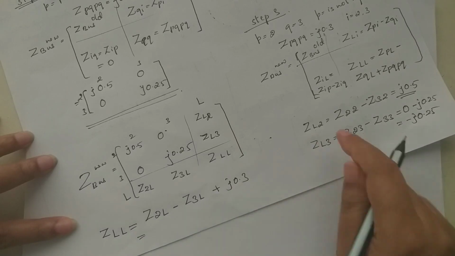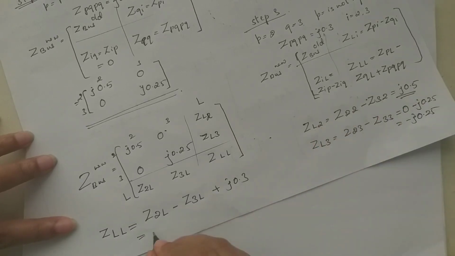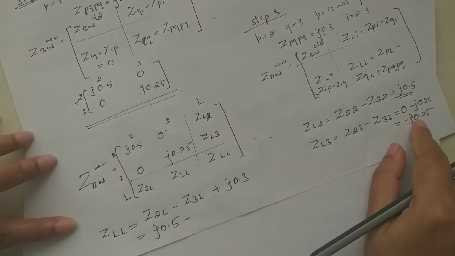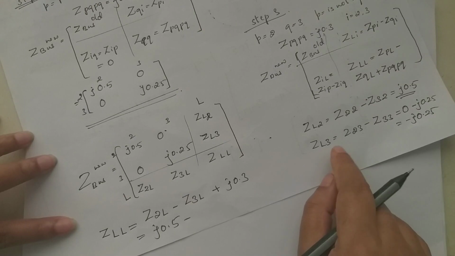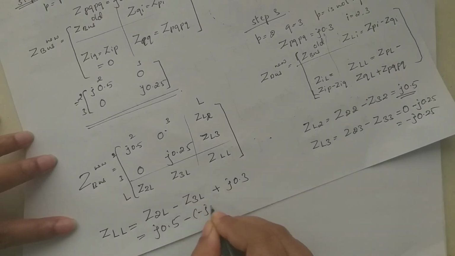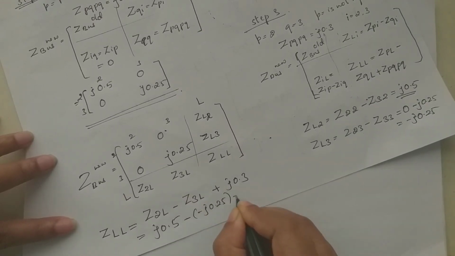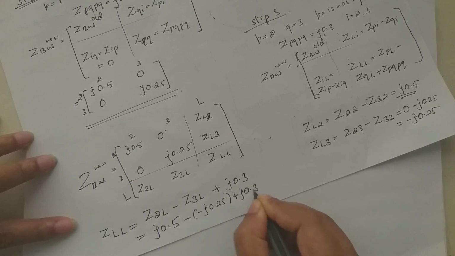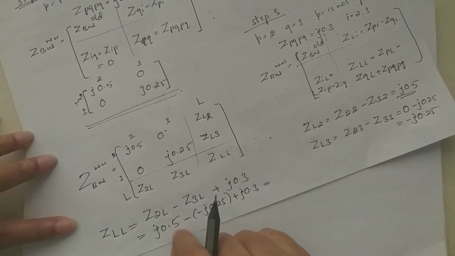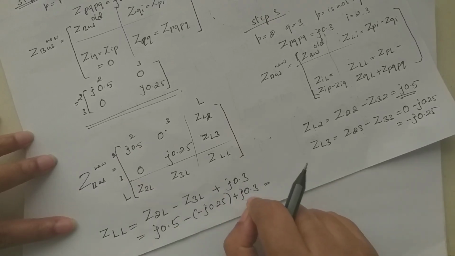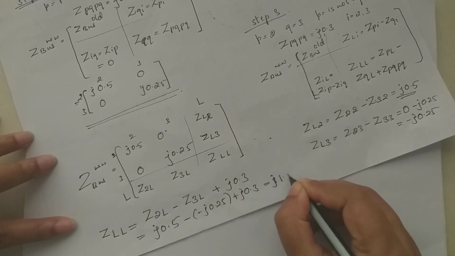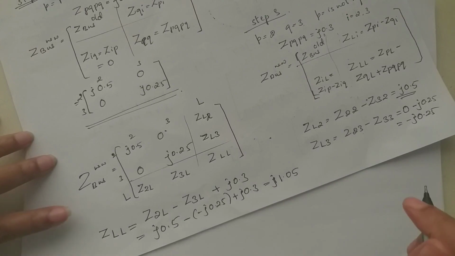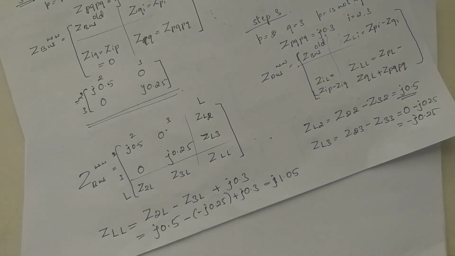Z2L value, which is ZL2, is j.5, minus j.25, which is the Z3L value, ZL3, plus j.3, which is 0.75 plus 0.3, it is j1.05.